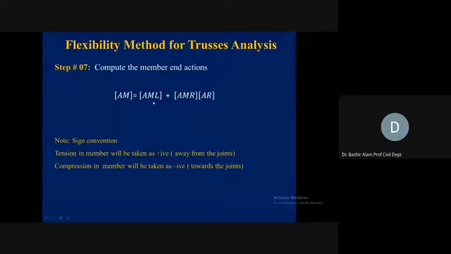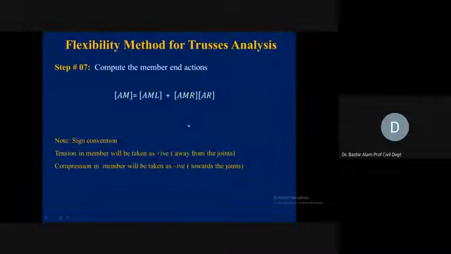AML values you will get from where you created the capital P values. First column of AMR you will get from where you wrote the U1 values, second column from where you wrote the U2 values, and so on. Already we found this AR in step number 6.